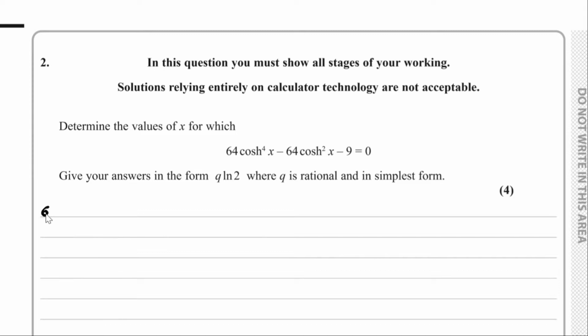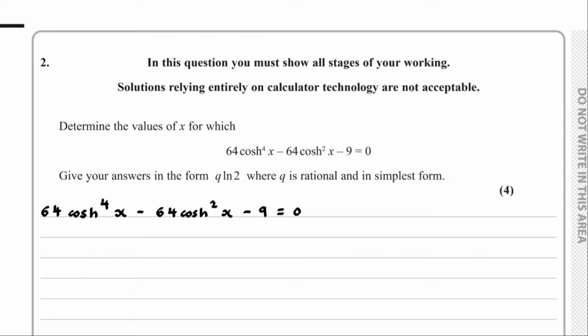So we begin with 64 cosh x to the 4 minus 64 cosh squared x minus 9 equals 0.